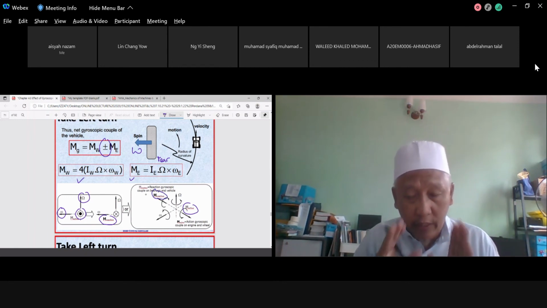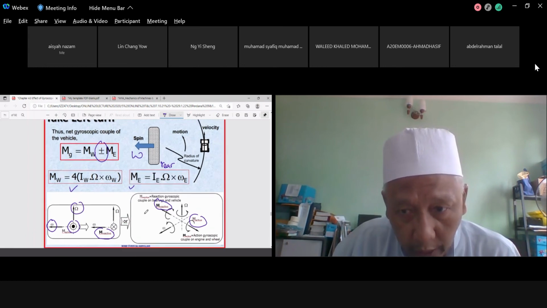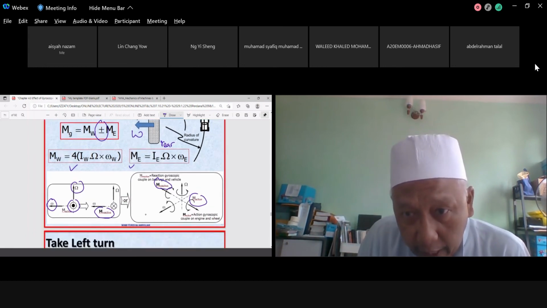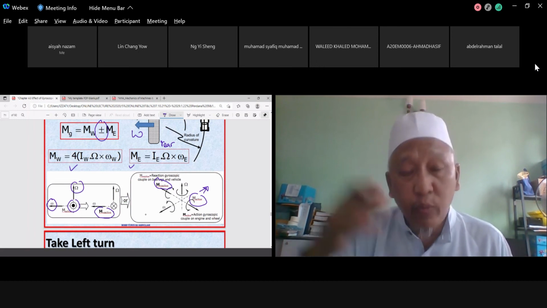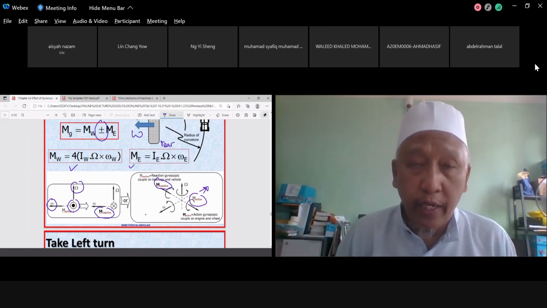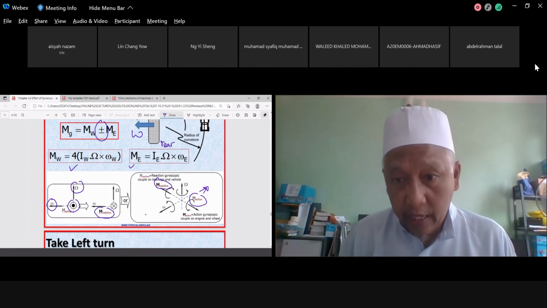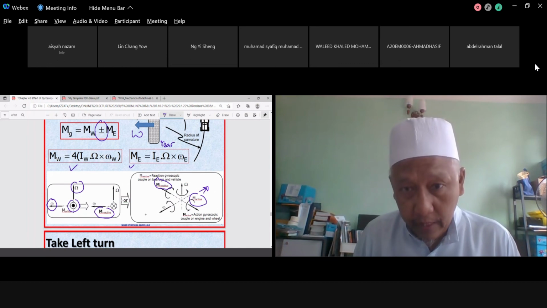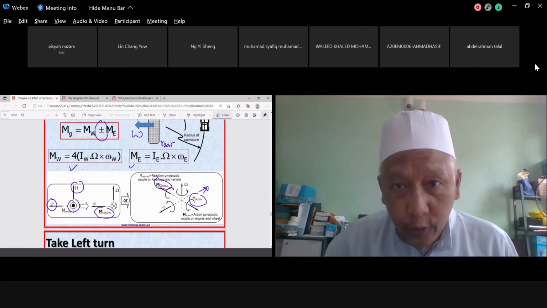But look at here very carefully, class. I'm going to explain this one. The M reactive is occurring on the wheel and engine, likewise what you have in the aeroplane and also on the ship. Same thing, engine and wheel. This one occurs on the bearing and the vehicle body. So you have to look at the question very carefully.